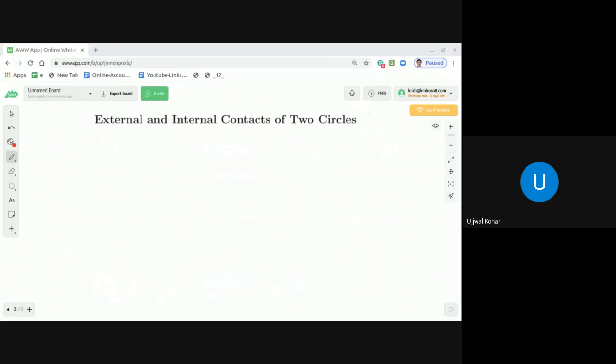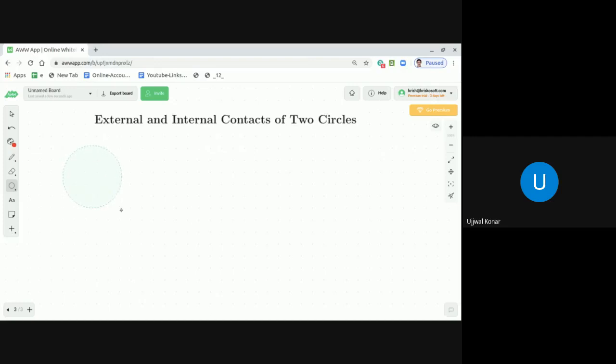Now these two circles will either touch each other externally or touch each other internally. Then we need to find the coordinates of their point of contact. So let's find it out by means of a visual representation. Suppose these are the two circles.